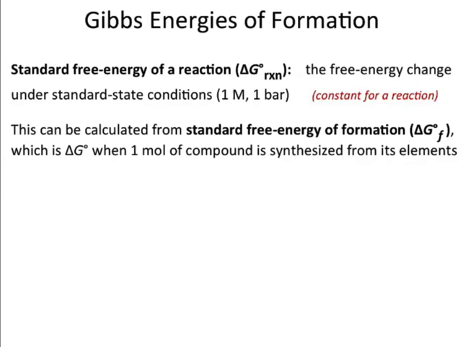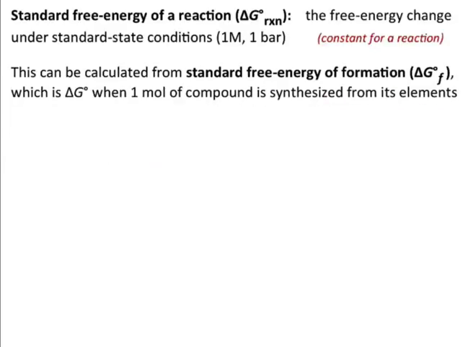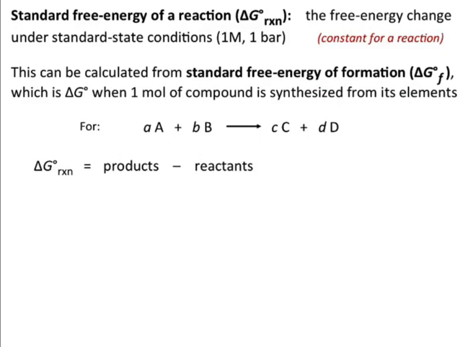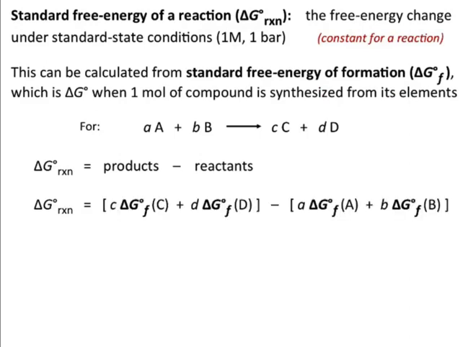So we can calculate these from the standard free energy of formation values. And these are defined as the free energy change when you start from elements and make 1 mole of the compound under standard states. So for example, if you have some generic reaction here, you can take final minus initial and use the numbers that you have.